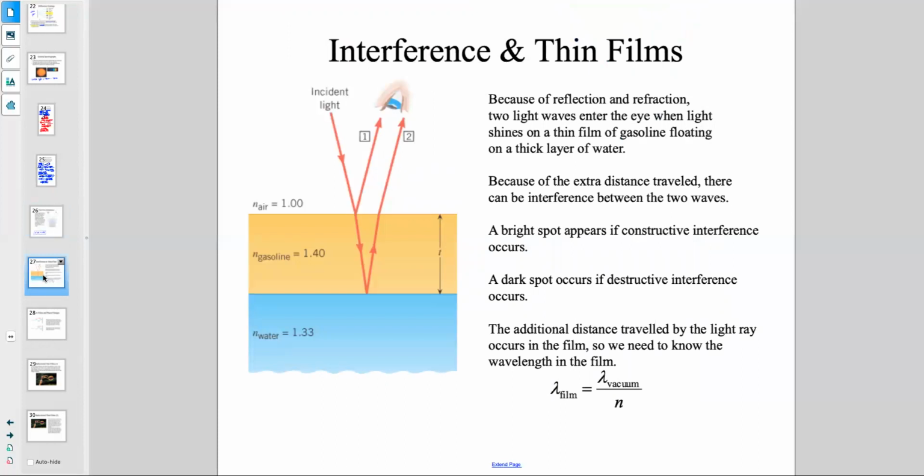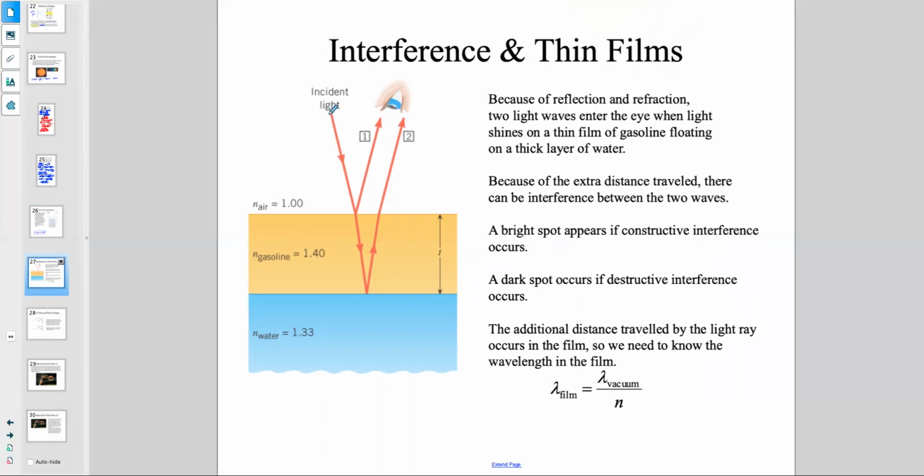Because of a reflection and a refraction, 2 light waves enter the eye when light shines on a thin film of gasoline floating on a thick layer of water. So if I have a thick layer of water with an index of refraction of 1.33, but I have gasoline on top of that with a thickness of t with an index of refraction of 1.4, and then I have air on top.